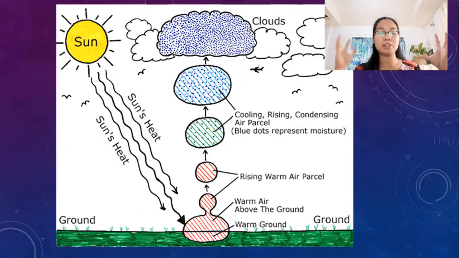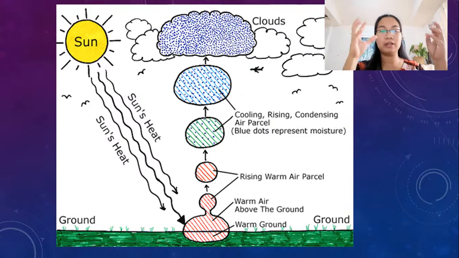Because if there is so much pressure, the parcel of air would be squeezed. But the pressure decreases, so it expands, because there's no longer the pressure holding it. So it will just expand, and as it expands, it will cool down. That is what we call the adiabatic cooling process.